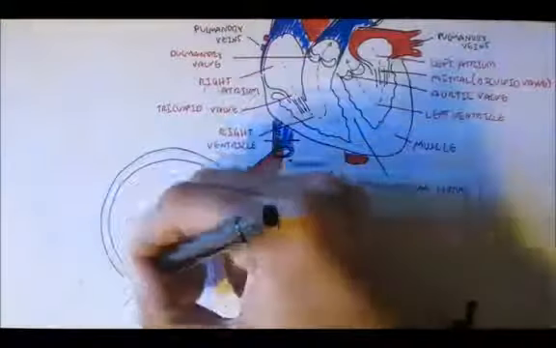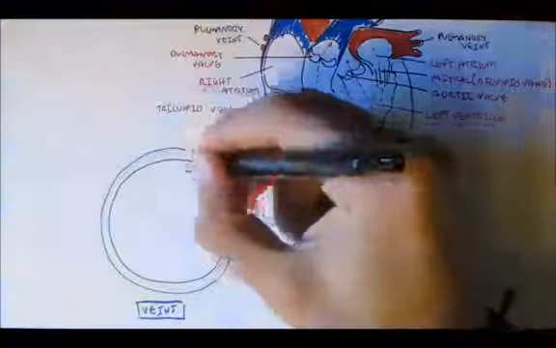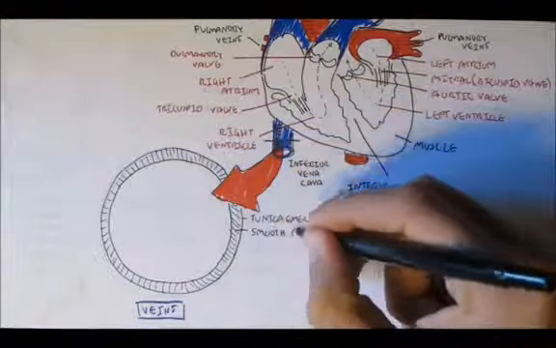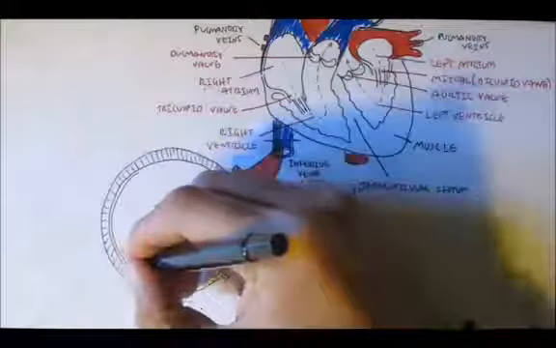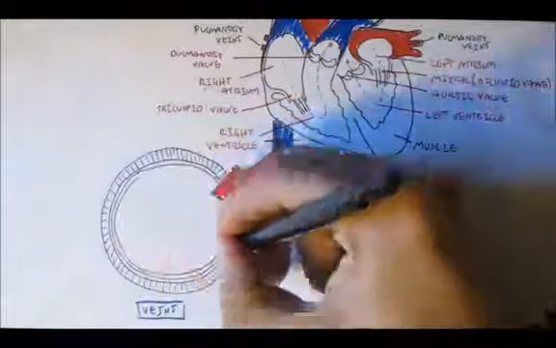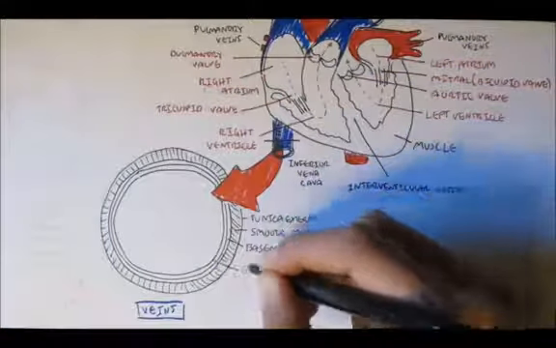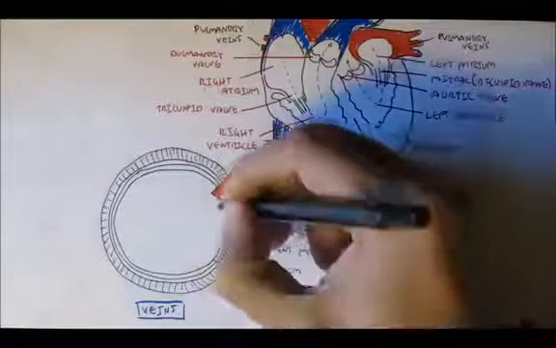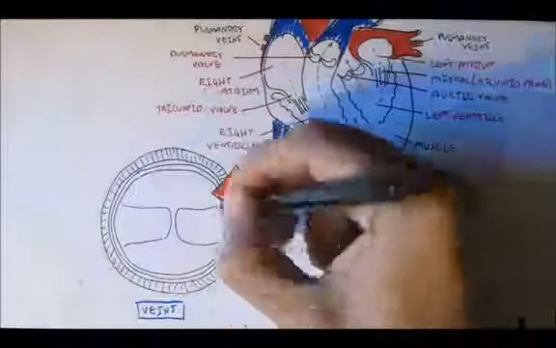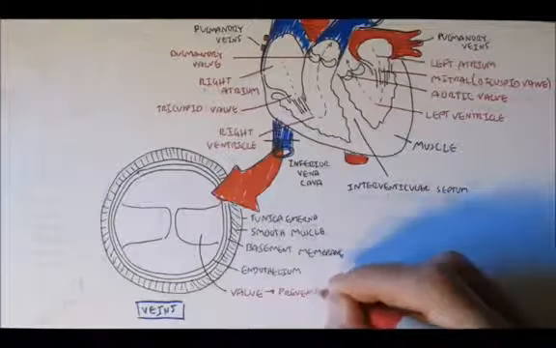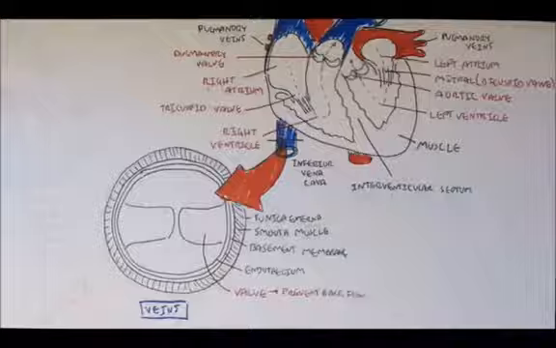The tunica media is composed of just a bit of smooth muscle, and the tunica intima has the basement membrane and endothelial cells. But most importantly, veins also have valves to prevent backflow, because when blood is being brought back to the heart, especially from the bottom, don't you want to prevent the blood going backwards, right?